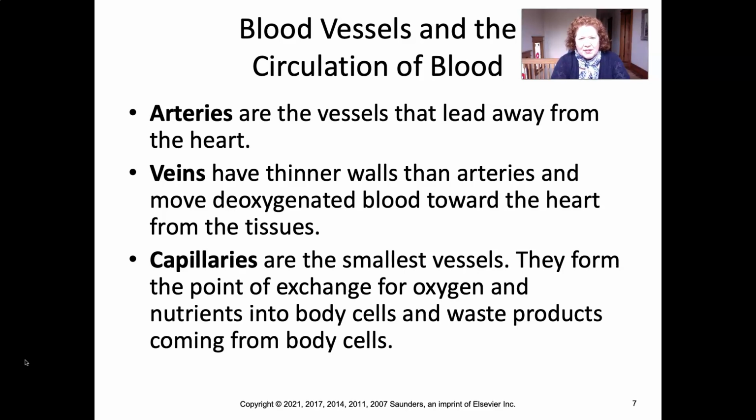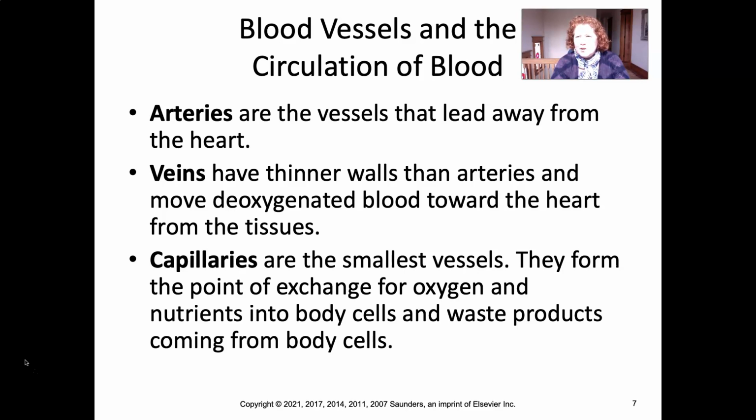All right, so here we go. Actually it comes back through the heart again before it gets pumped out to the body. But anyway, long story short, arteries have thicker walls than veins. Arteries typically carry blood away from the heart. Veins carry it toward the heart. And capillaries are the smallest vessels.